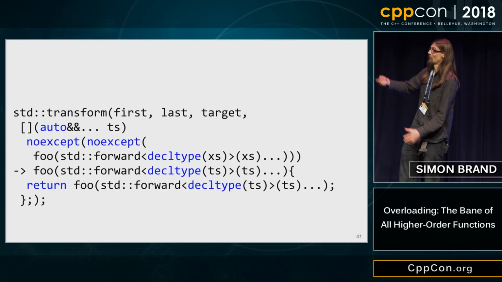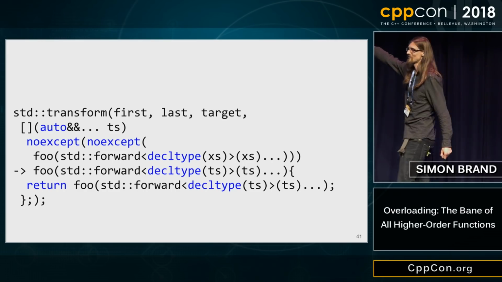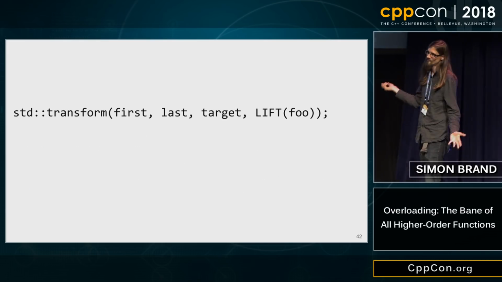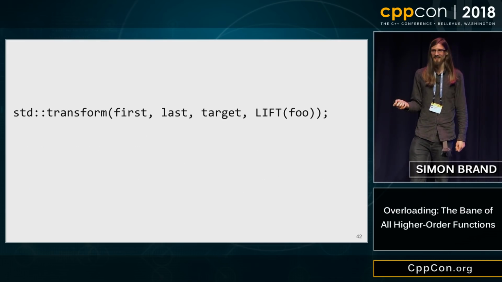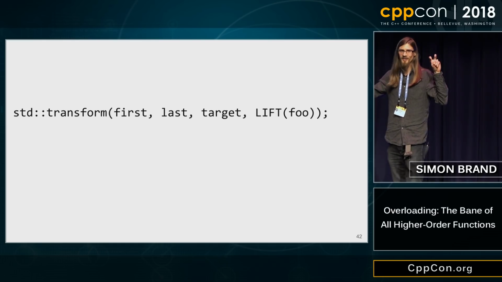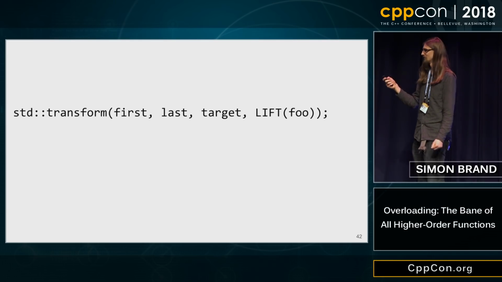And then that changes what would be a call like this. We want to write this every time we call std::transform, right? And it makes it this. So it is a macro, but I did say solutions in danger quotes, okay? So this is not the end of the world.